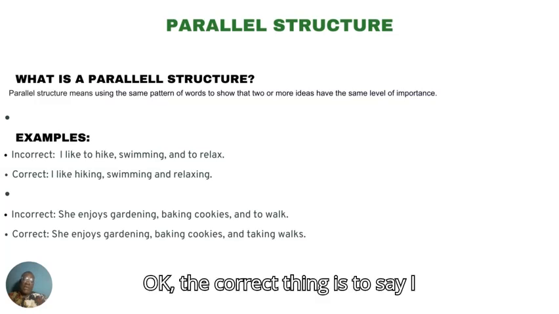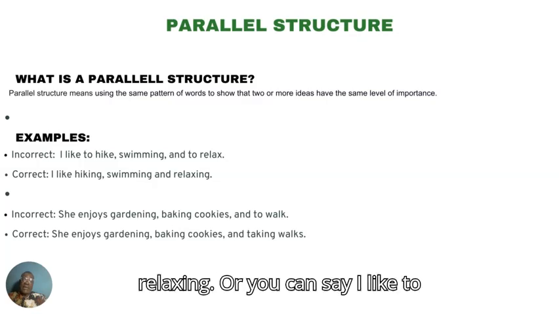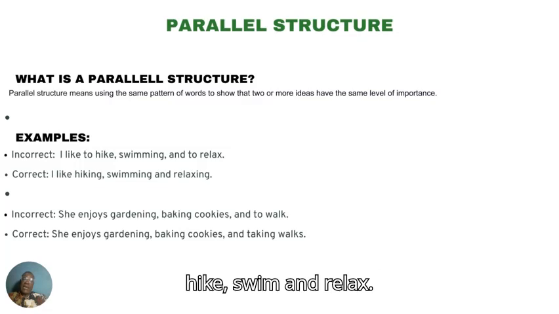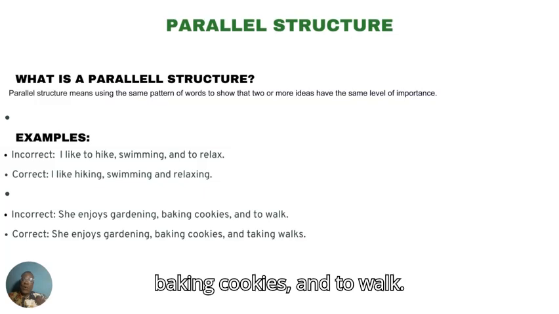Okay, the correct thing is to say I like hiking, swimming, and relaxing, or you can say I like to hike, swim, and relax. Okay, another example, she enjoys gardening, baking cookies, and to walk.